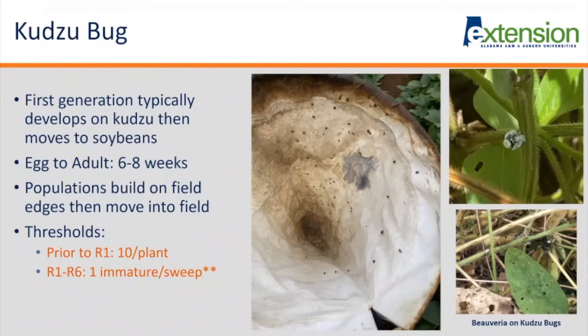So at that point, you can make a well-timed spray and control these things. Our threshold prior to R1, prior to flowering, is 10 per plant. From R1 to R6, we're looking at 1 immature per sweep. So again, if I do 100 sweeps in the field, that's 100 immature kudzu bugs.